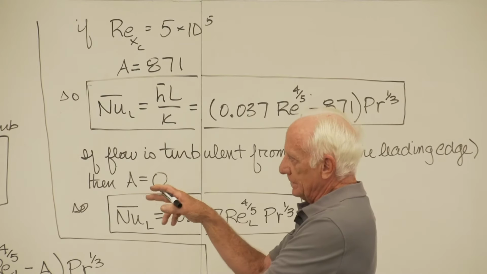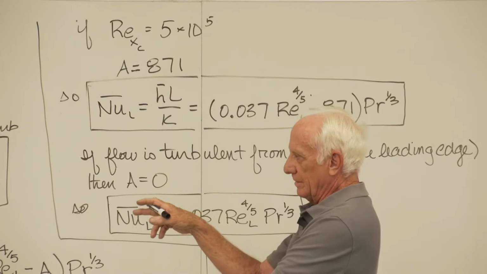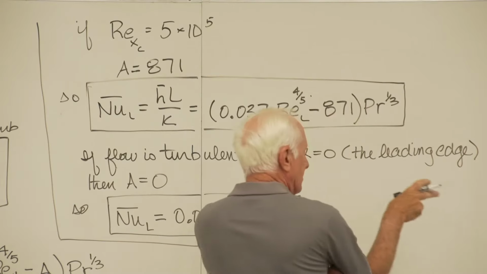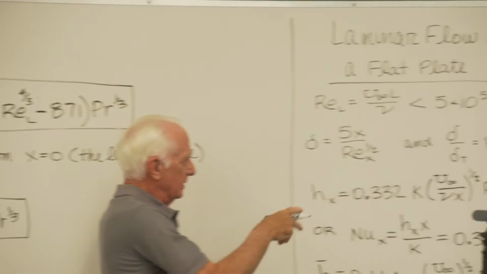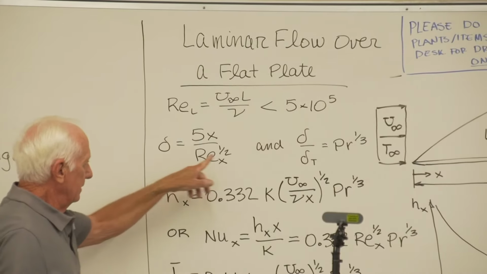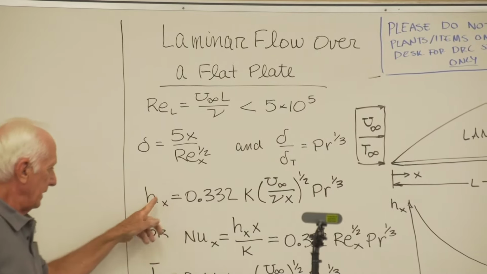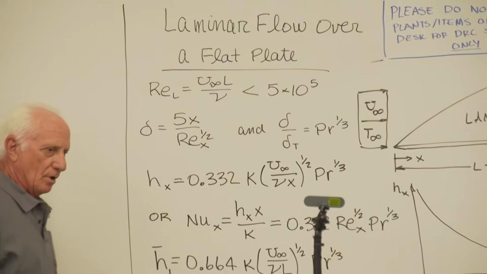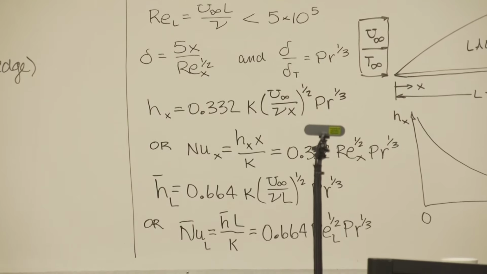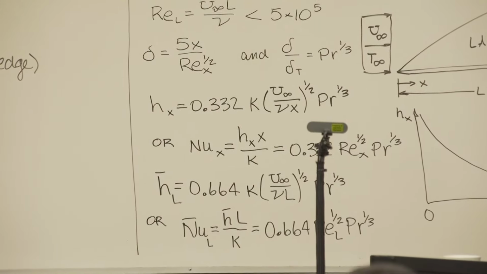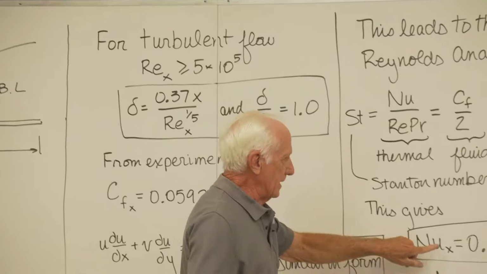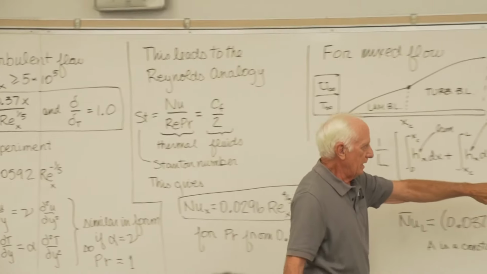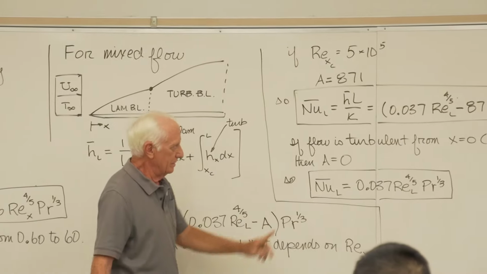So these boxed equations on the board right now are added to these equations over here for laminar flow. Delta T, H sub x, H bar.